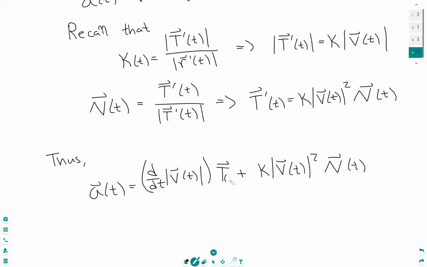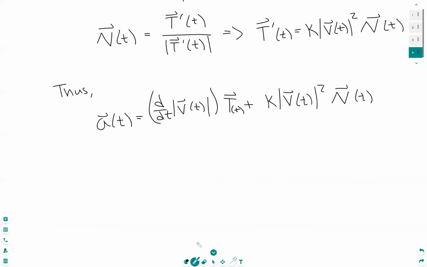Let's put T here. But I want you to note, and I'm going to write it in such a way, that I've got something out in front of this T vector, and then I've got another thing, which I'll call AN, out in front of this normal vector.